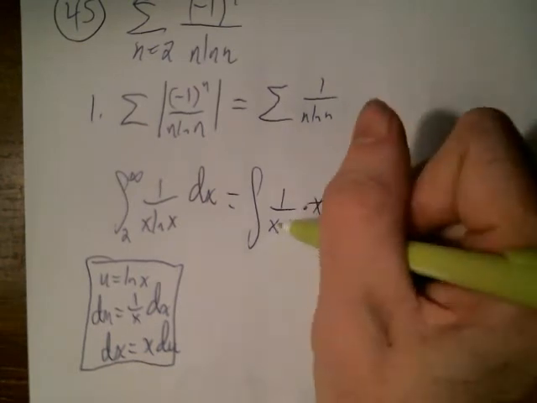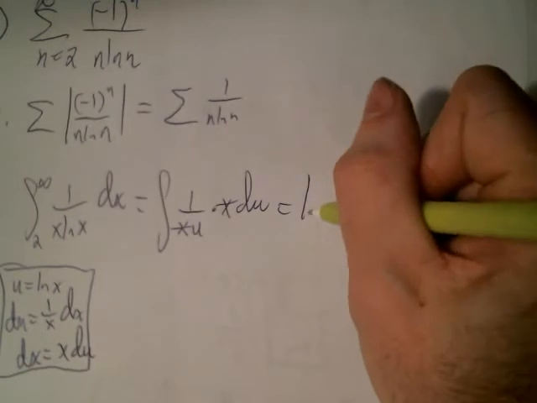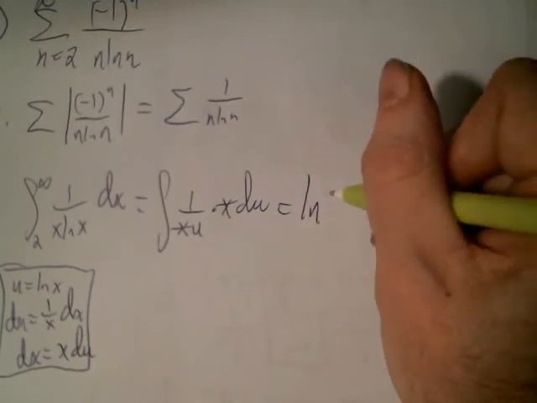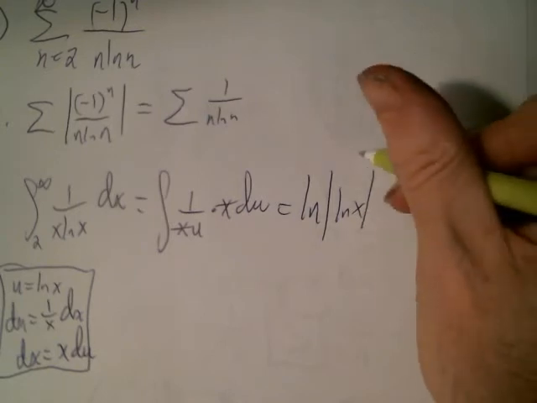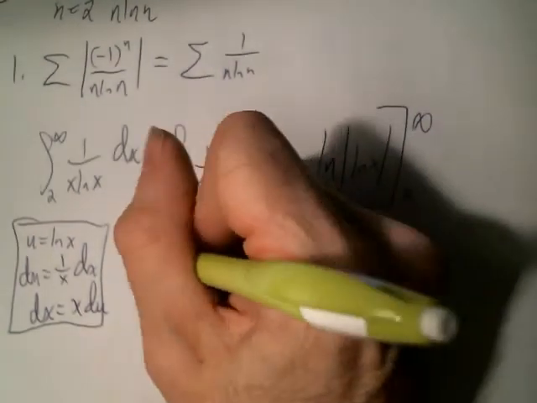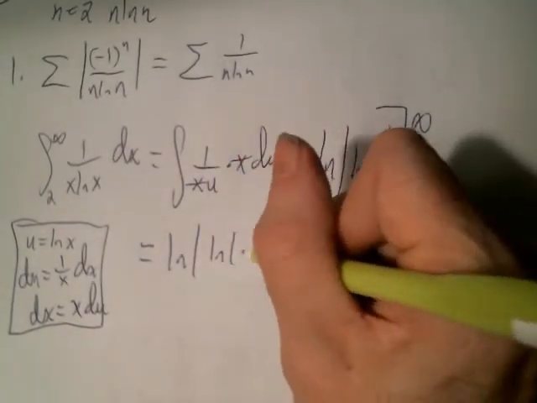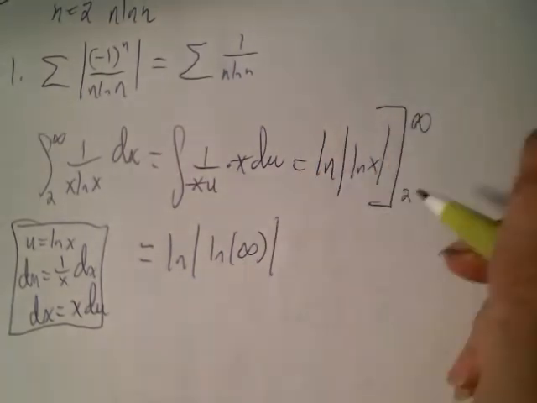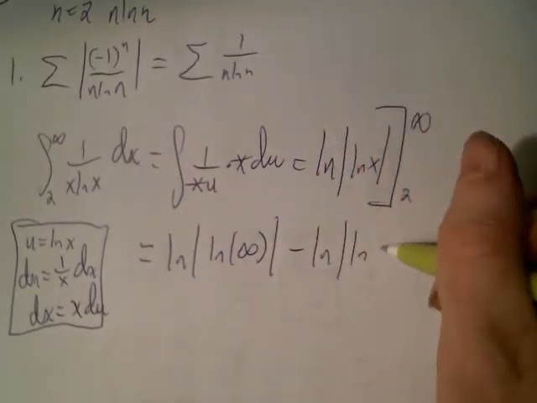Nice little cancellation there. It turns into a natural log integral: ln of the absolute value of u, which is the ln of x, from 2 to infinity. So I get the ln of the absolute value of the ln of something going to infinity, minus the ln of the absolute value of the ln of 2.